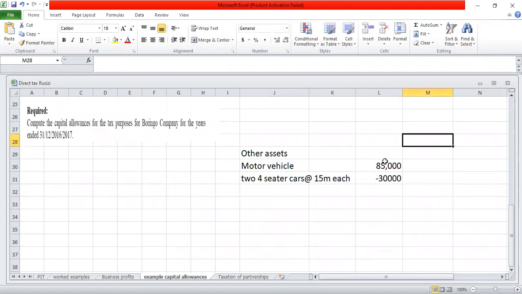So this is going to be how much if I took for capital allowances. Maybe these are the other values we need to look at.